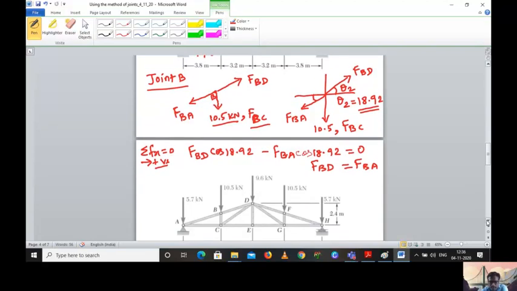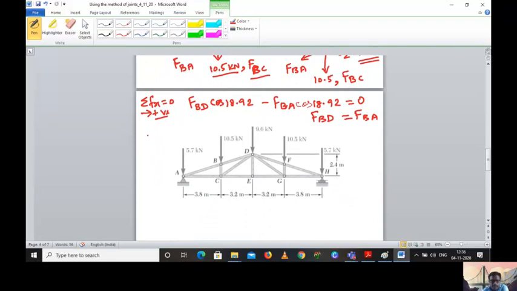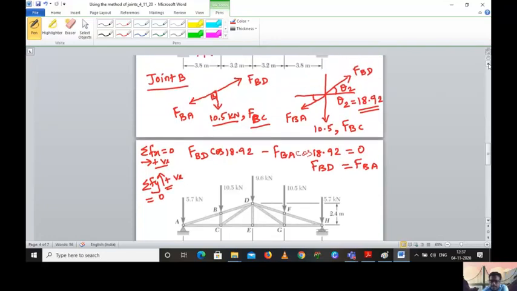Once you have calculated this, next you can go with the other equation, Fy, that is upward, as we are assuming it as positive. So the summation of Fy, upward is positive, is equal to 0. Once you substitute, from this diagram you can easily write 10.5, because it is acting downward, negative, minus FBC.